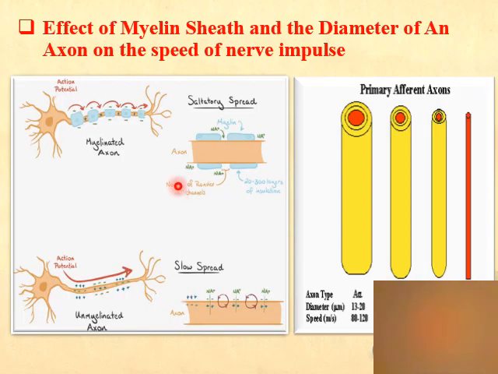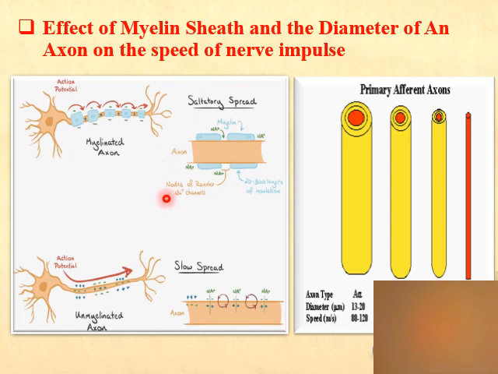Look at this diagram. It represents the effect of the myelin sheath as well as the effect of the diameter on the speed of propagation of the nerve impulse. Here, this is an unmyelinated axon without myelin sheath, and this one is a myelinated axon with myelin sheath. Look how the nerve message moves. It jumps from one node to another, and as you remember, it is a saltatory conduction.